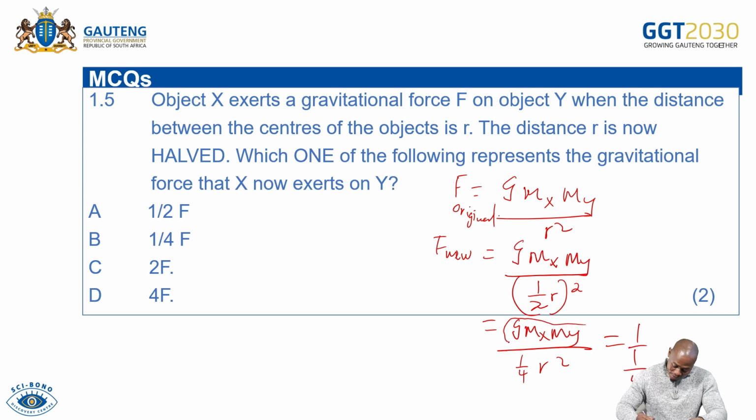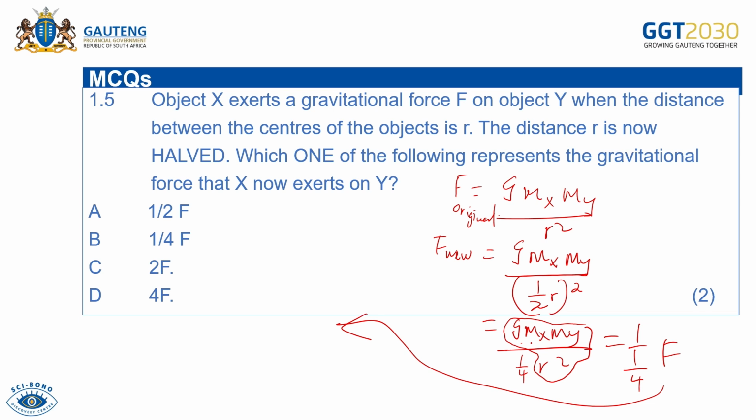Then this is the same as 1 over 1 over 4, right? What is G Mx My over R squared? G Mx My over R squared is the same as F original. And remember, F original is F. So this G Mx My over R squared is F. So here I've substituted F. Where am I getting that from?